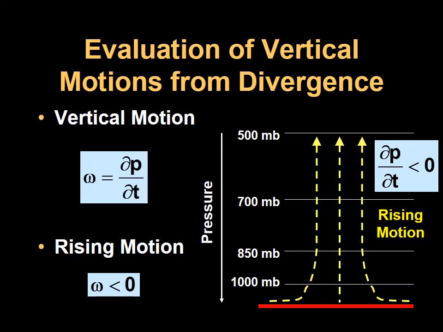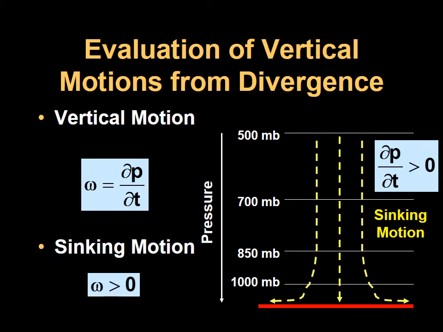So a rising vertical motion in the atmosphere would mean that omega is negative, because as you go up through the atmosphere, pressure decreases with height. So over time, as the air rises, pressure is decreasing for rising motions. Conversely, if the air is sinking in the atmosphere, as it gets closer to the ground, over time, that means pressure is increasing. So a sinking motion means that pressure is increasing with time, which means that omega is positive.